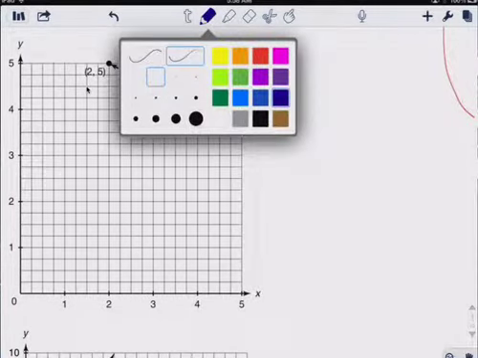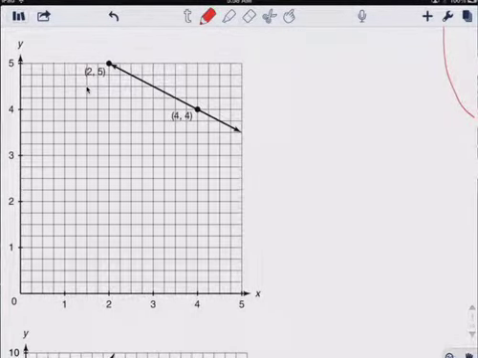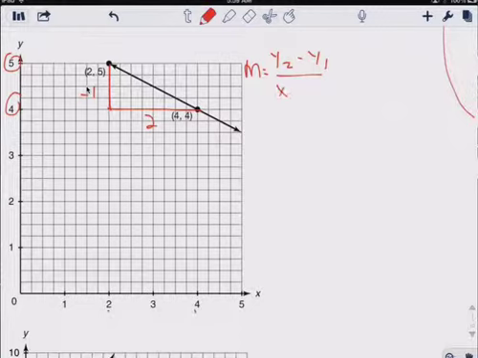Okay. This is going down 1. It's from 5 to 4, so down 1 over 2, because 2 to 4 is over 2. So the slope should be negative 1/2. Let's solve it just in case. y2 minus y1 over x2 minus x1. Okay, so this is x1, y1, x2, y2.